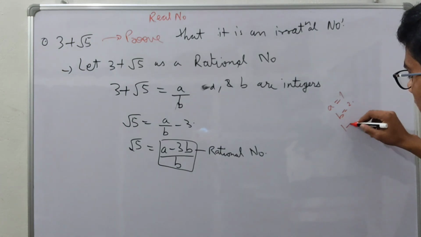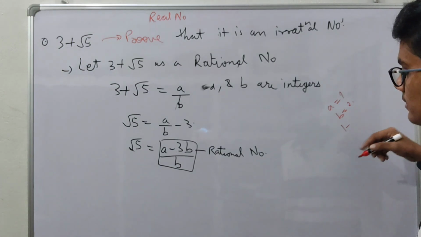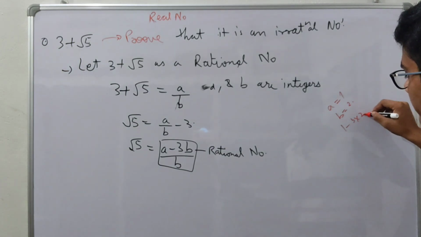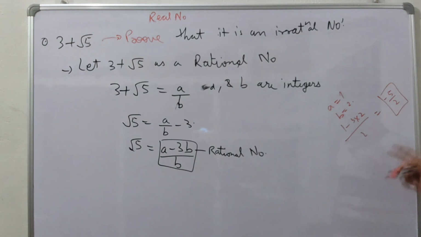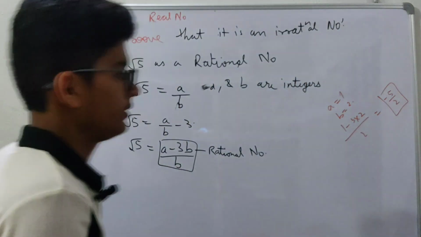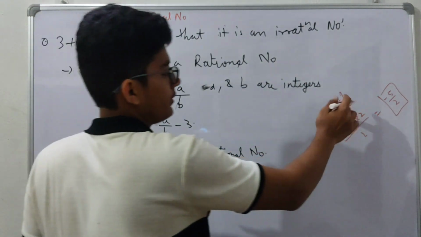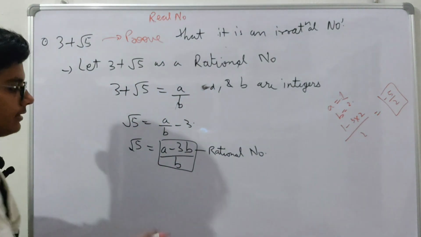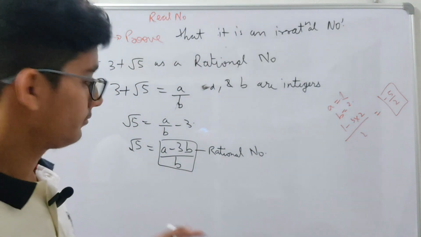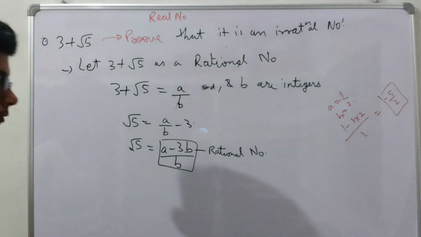Then 1 minus 3 into 2 by 2 is 1 minus 6, which means minus 5 by 2, which is obviously a rational number. This is an example to see that it will be a rational number in any case. You can also put another value to check it.